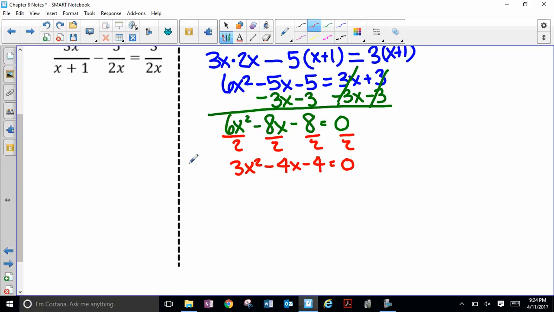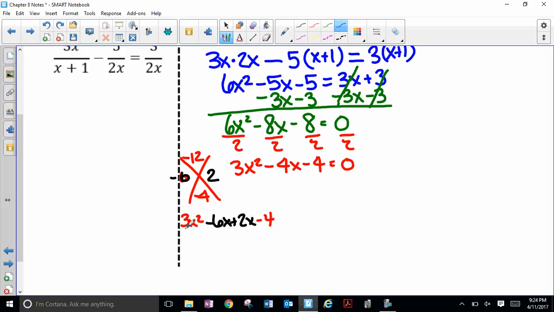Let's try and factor. So 3 times negative 4 is negative 12, and we want to add negative 4. So hopefully then you use 6 and 2, and 6 would be negative since we want negative 4. So then I'm going to write 3x squared, and in the middle, we write minus 6x plus 2x, and then write the end, which is minus 4.